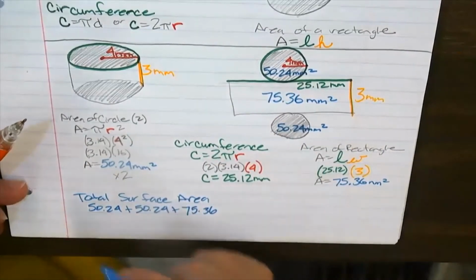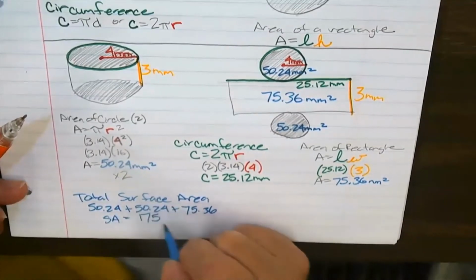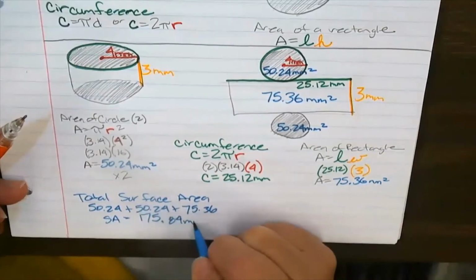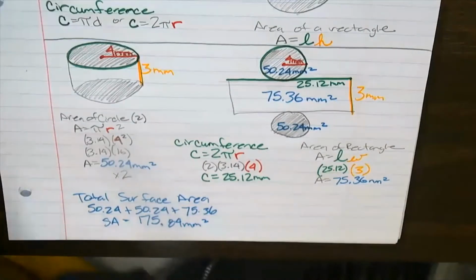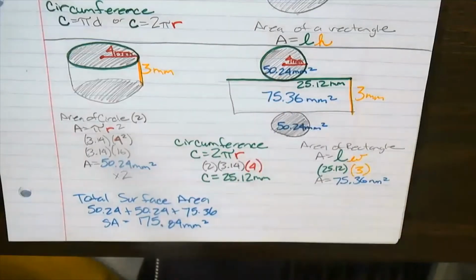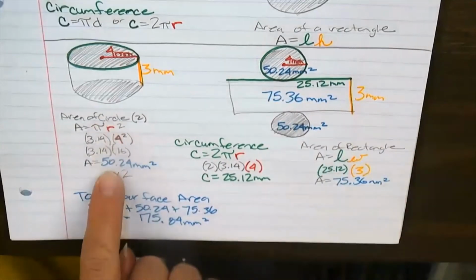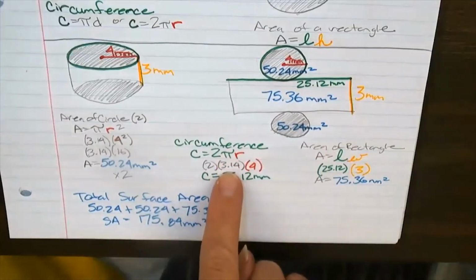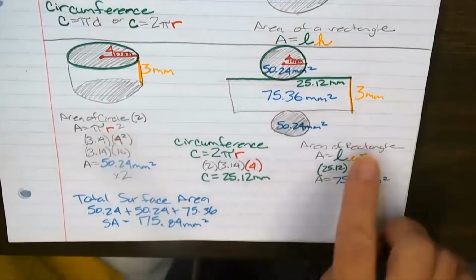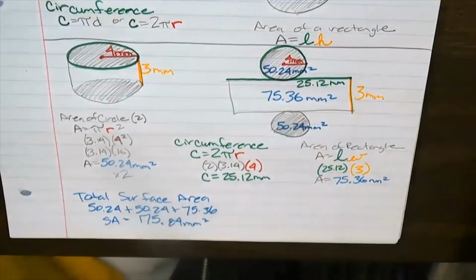And when I put this into the calculator, I'm going to find that the total surface area is 175.84 millimeters squared. So to find the surface area of a cylinder, we have to know how to find the area of a circle, the circumference of the circle, and the area of a rectangle. Then we're going to add all three of those together.